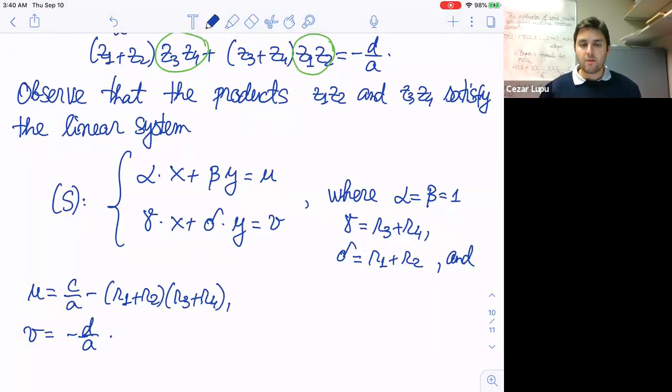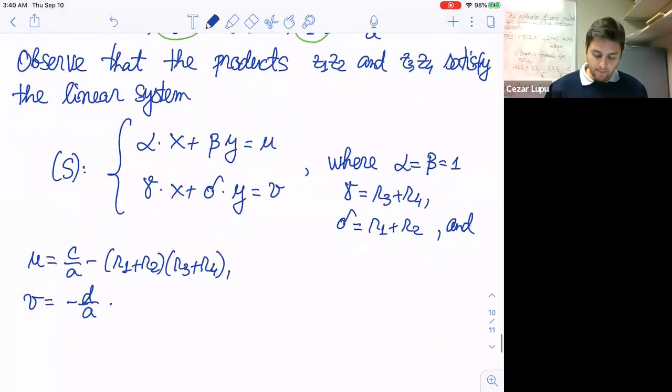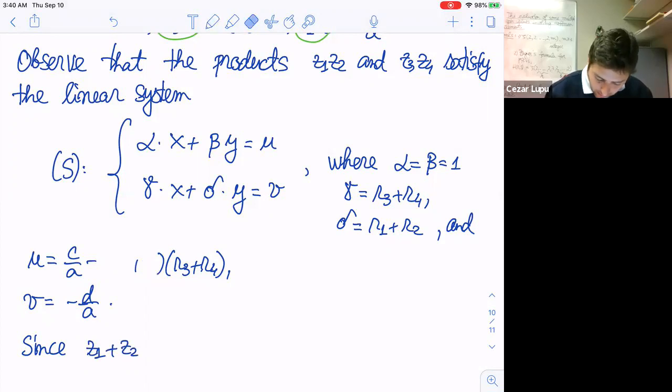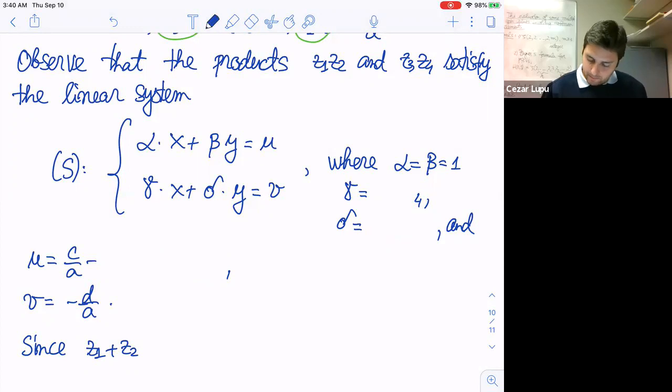So this is a system with two equations, two unknowns, and now it's quite clear what happens. Wait, I'm sorry for the notation. This is Z1 here. Gamma is Z3 plus Z4, delta is Z1 plus Z2.